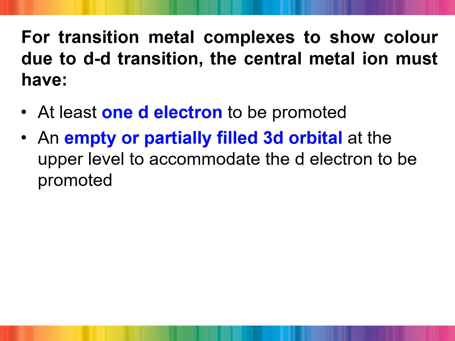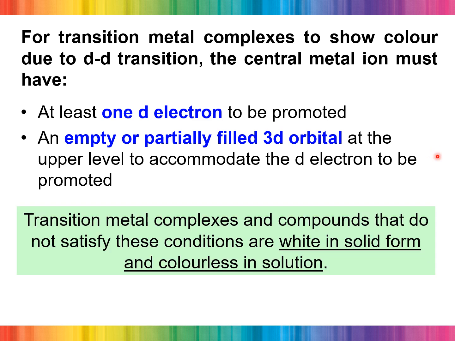When the electron gets promoted, it means that it has absorbed the energy from the white light radiation and gets excited to go towards the upper energy level, right? So you need that space at the upper group.